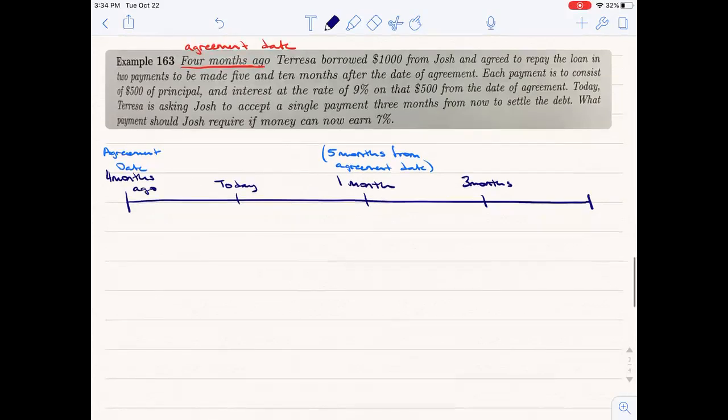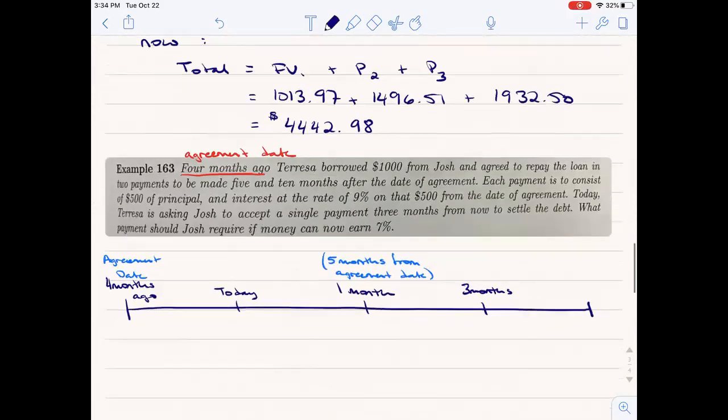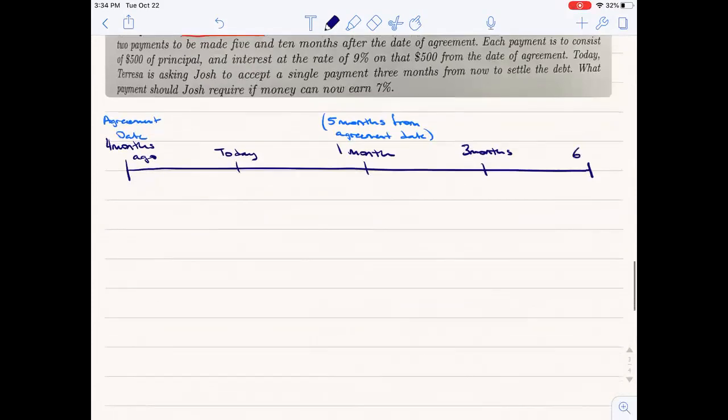And then the last date is 10 months after 4 months ago. 10 minus 4, that's 6 months. But I'll clarify here that that's 10 months from the agreement date. That doesn't say agreement.